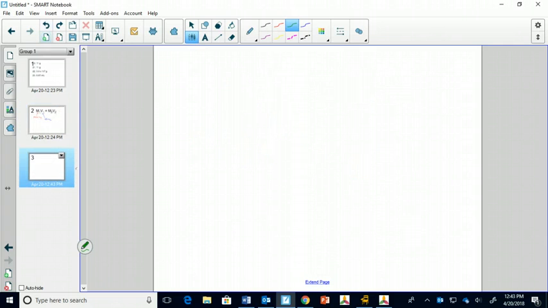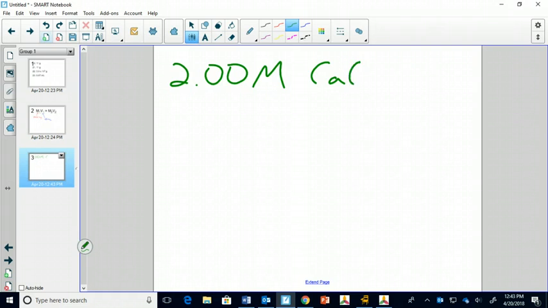Basically I'm looking right at example problem number 3 on page 486. So if I have a 2.00 molar solution of calcium chloride. Oh, sorry, that's what I want to get, a 2.00 molar solution.